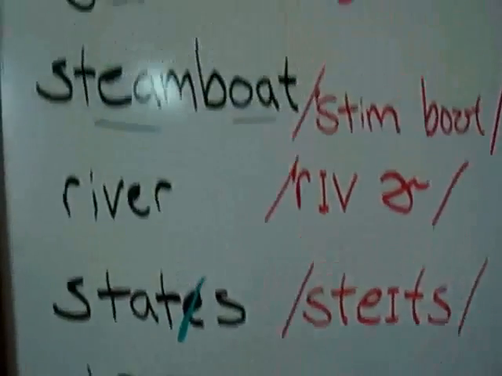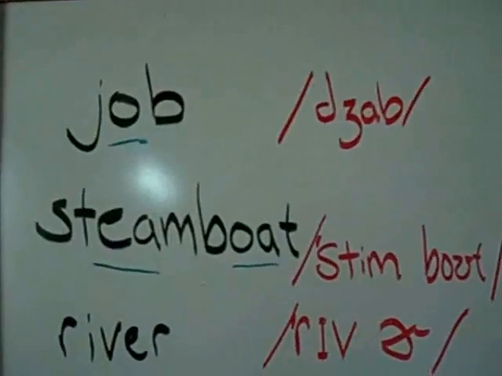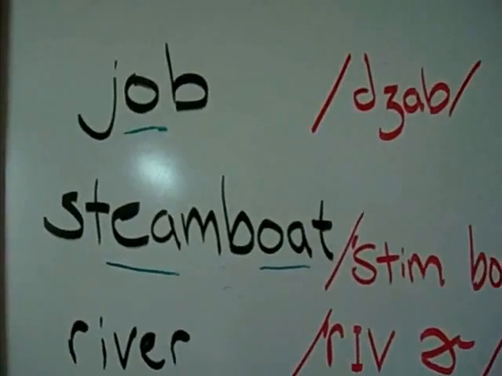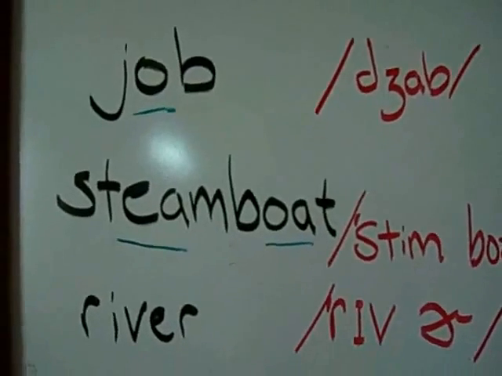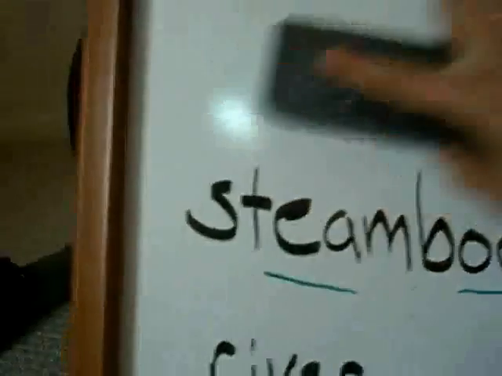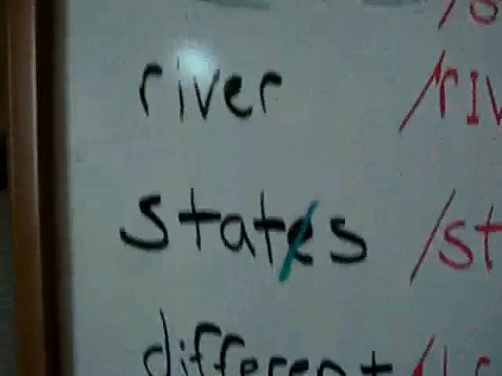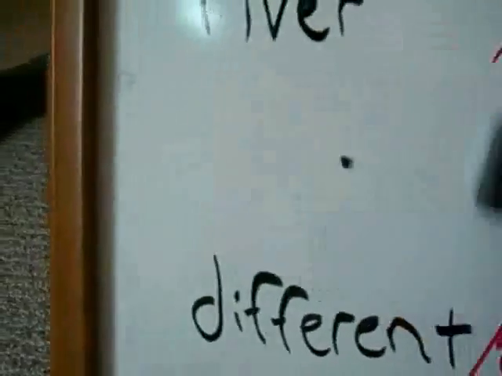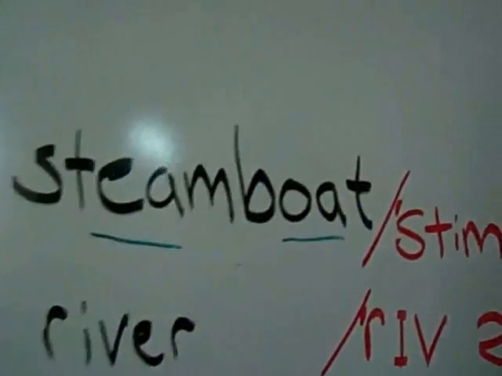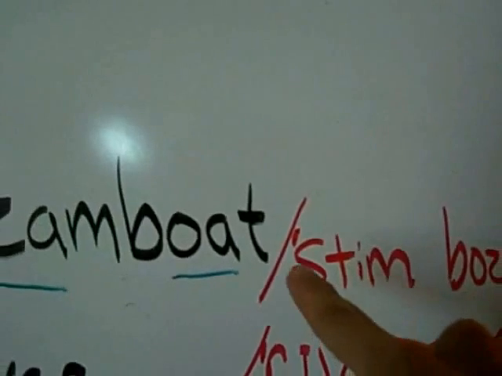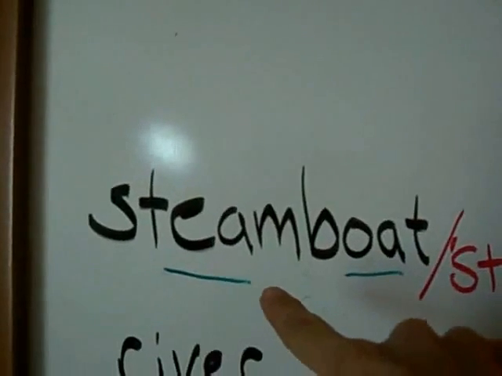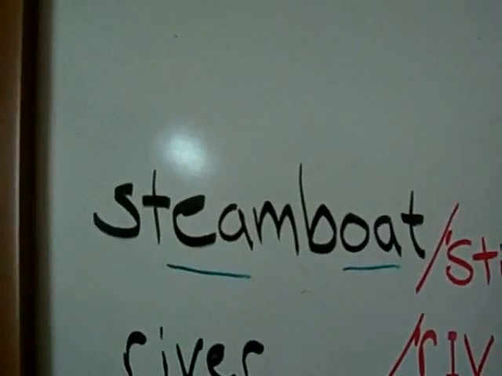So now you know how many syllables there are in each word, we can talk about which syllable is stressed. Now, we can only talk about word stress when there's more than one syllable. So we're not going to look at job, and we're not going to look at states. In steamboat, you will either look in a dictionary and see that the first syllable is stressed, or hear people speak and they'll say steamboat.